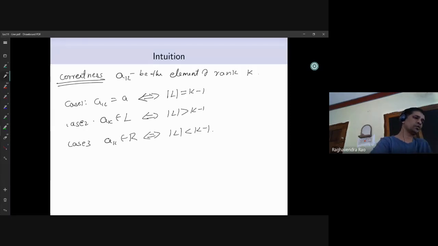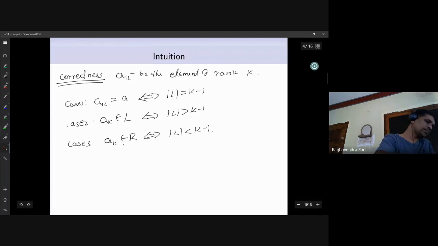So one of these possibilities should hold, because L, A and R form a partition of the array. And we ascertained these conditions by just looking at the size of L. Hence the algorithm runs correctly.